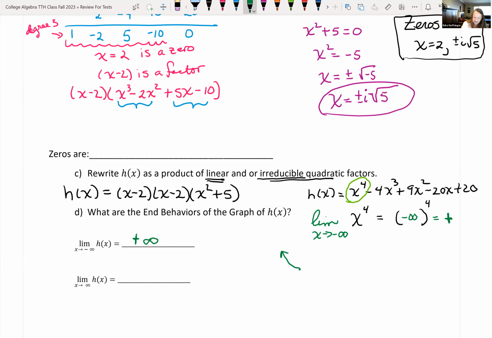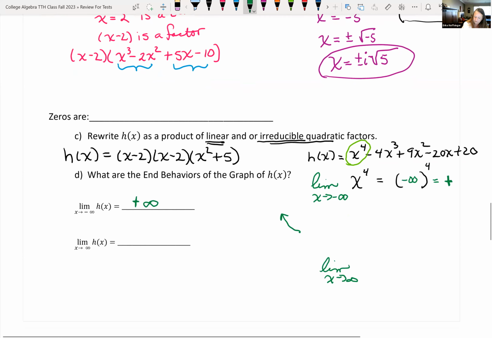So it's shooting upwards like this. So looking at the limit as h of x is going to positive infinity, again, I'm just looking at x to the fourth. Well, if I plug a positive number in and raise it to the fourth power, I'm also getting a positive number. So this is going to be positive infinity. So my end behavior again is shooting, in this case, upwards as we go to infinity.